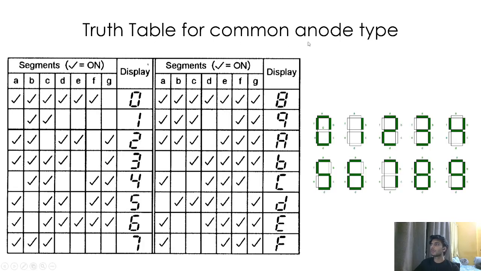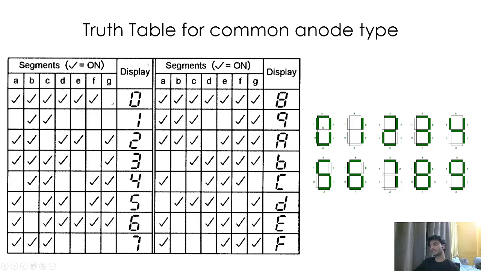So moving on to the next, this is the truth table for common anode type. To display a segment to be on, we have to take it as 0, because 0 for common anode type means that the specific segment is lit up. We can make these types of arrangement according to these codes we have represented here.